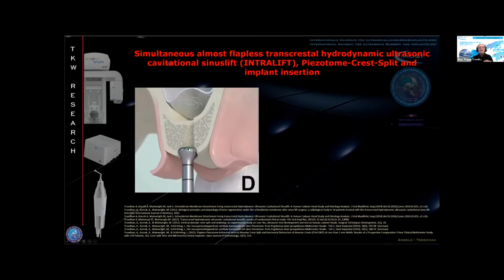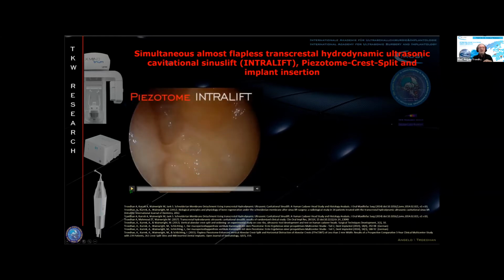And to give you an idea on the clinical side, this is how it looks from inside the sinus when you do an INTRALIFT with the cavitation effect. So initially, the tip is building up a pressure, you have the cavitation effect, and suddenly, after a certain temperature rise, a pressure rise, you will see it now, plop, the entire sinus membrane from the entire sinus floor, from the canine region or premolar region to the molar region, is detached.